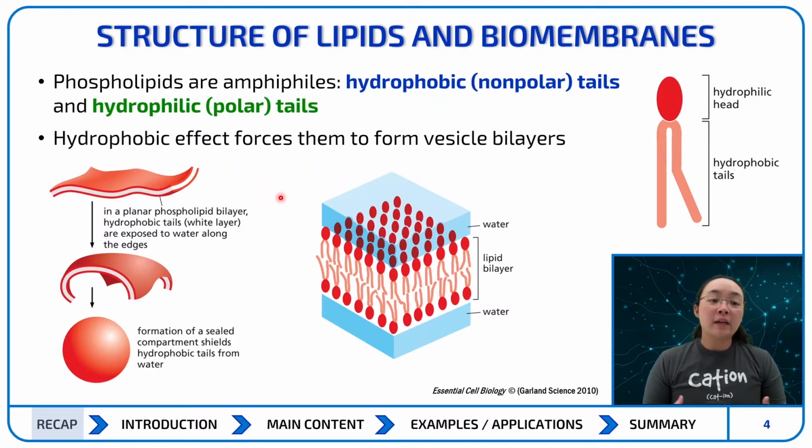So naturally, the planar membrane is going to want to wrap itself into a sphere so that it merges and there are no longer any hydrophobic tails exposed to water. This means that there can be a hydrophobic core within the membrane itself, as well as a core inside the vesicle that's formed by that bilayer.